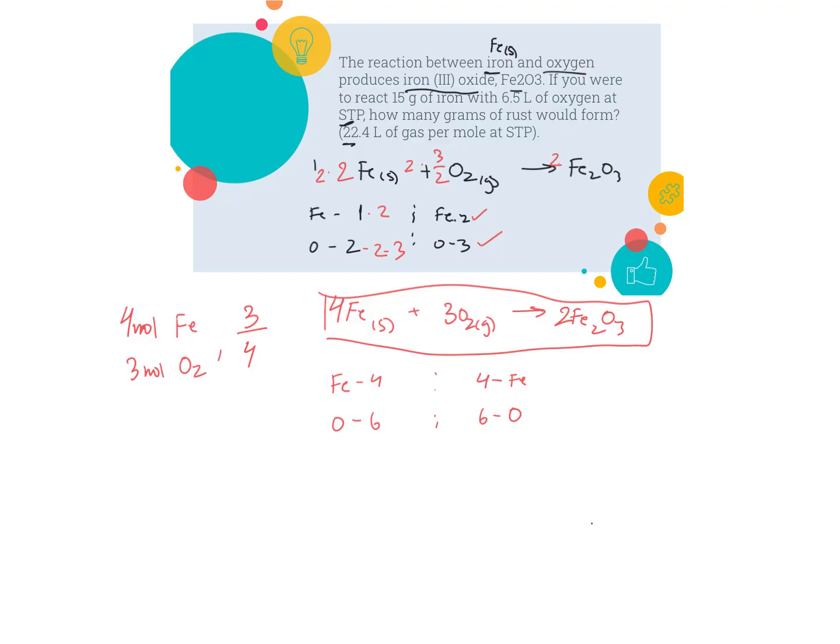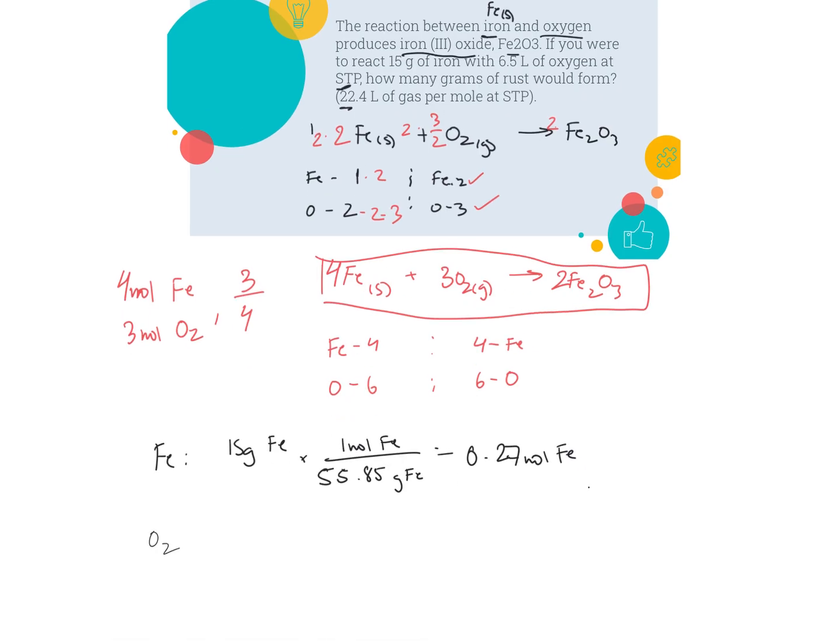Now what I need to do is calculate the number of moles of my reactants. And so for iron, I'm given 15 grams of Fe. I can divide that by the molar mass, which is 55.85 grams of Fe per 1 mole of Fe. If I do that math, I'll get 0.27 moles of Fe.